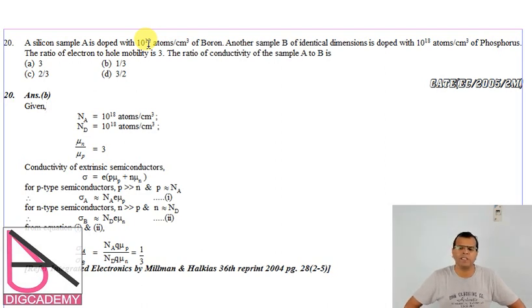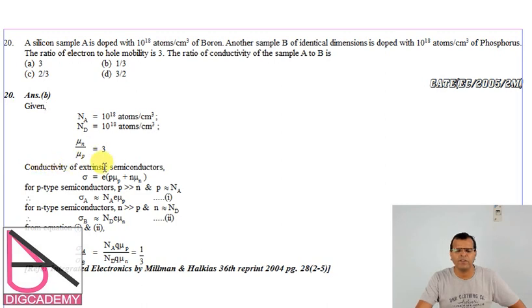Phosphorus is basically an N-type impurity. The ratio of electron to hole mobility, mu_n upon mu_p, is given as 3. The ratio of conductivity of sample A to B is? We are given the acceptor concentration, the donor concentration, and mu_n upon mu_p equal to 3.